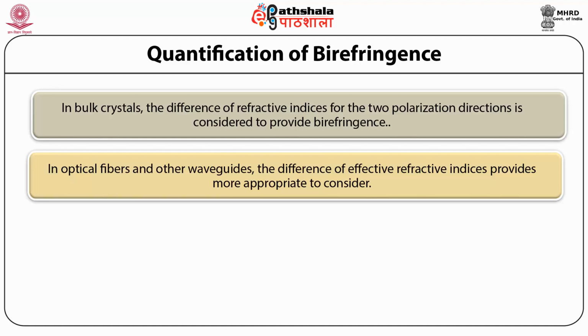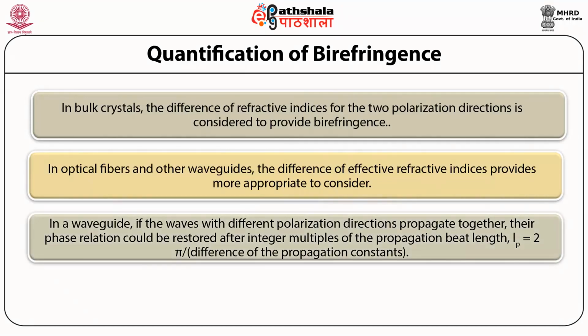This can be directly estimated from the difference in the real values of the propagation constants. Third, in a waveguide, if waves with different polarization directions propagate together, their phase relation is restored after integer multiples of the beat length L_B, which is equal to 2 pi divided by the difference of the propagation constants.